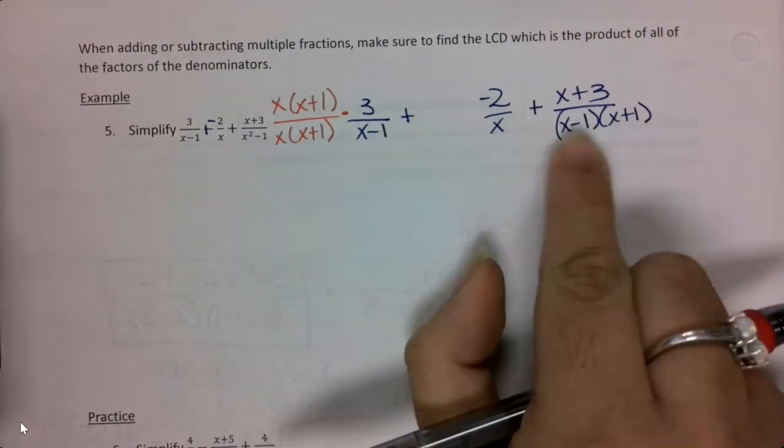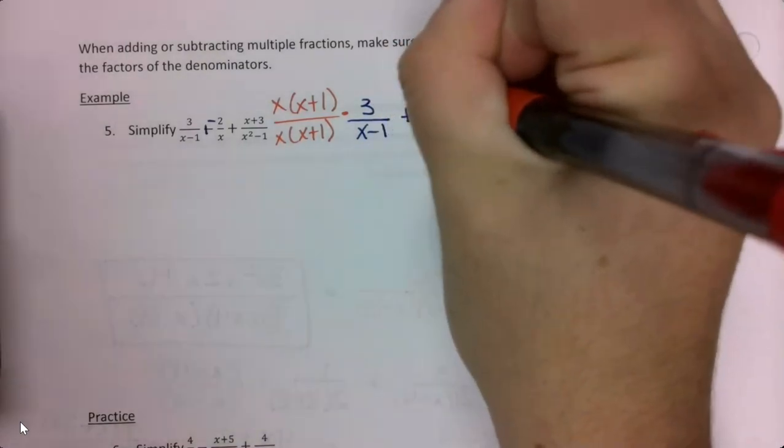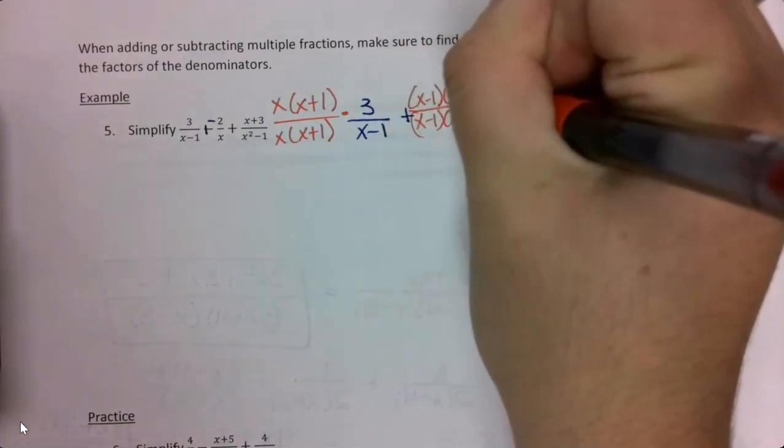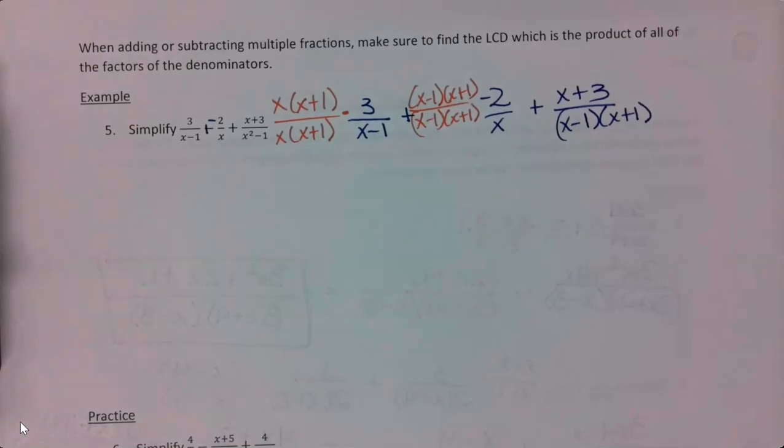I'm missing the x minus 1 and the x plus 1. Okay, and then on the last one, I'm just missing an x.